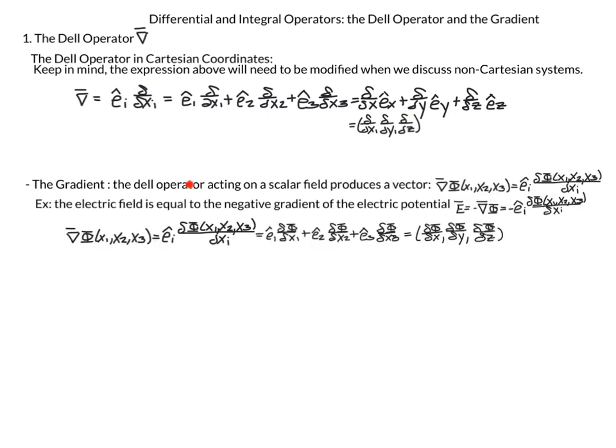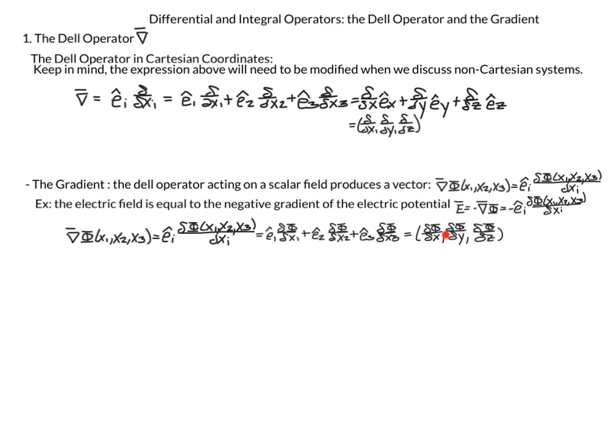When we have the Del operator acting on a scalar field, we produce a vector. So I've copied this equation over here. I have the Del operator operating on a function phi that takes a vector and maps it to a scalar. And by definition, then what we're going to have is e sub i times the partial derivative of phi with respect to x sub i.